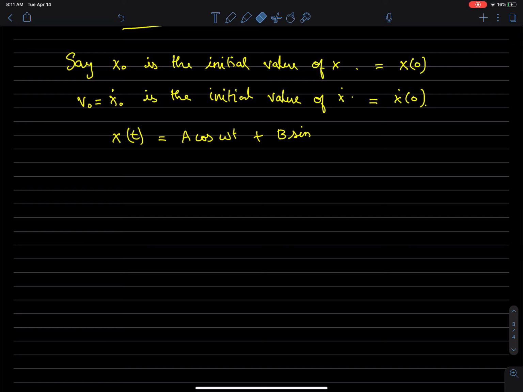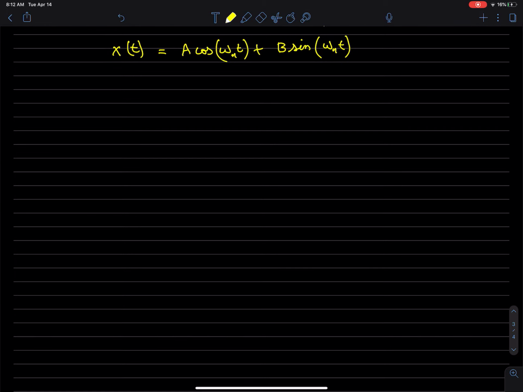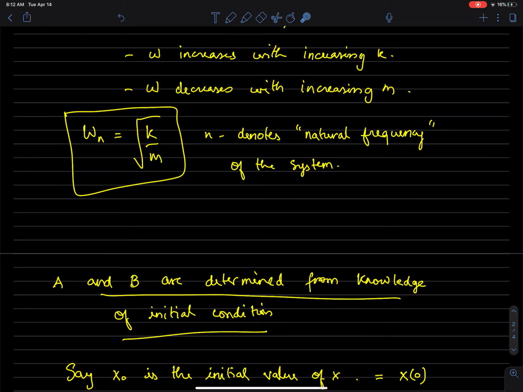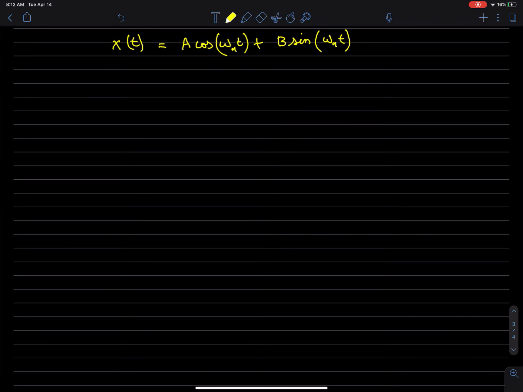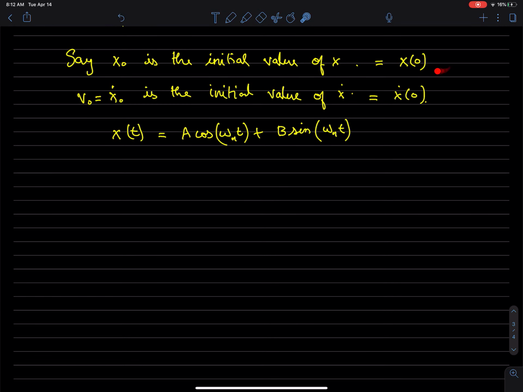Now I'm going to start replacing omega with omega n, because we're going to use the term natural frequency for this. Okay, so that's x of t, and we're going to plug that into these two expressions.